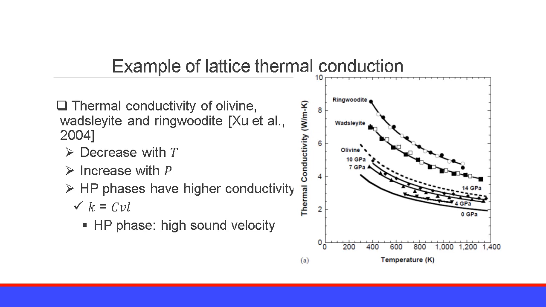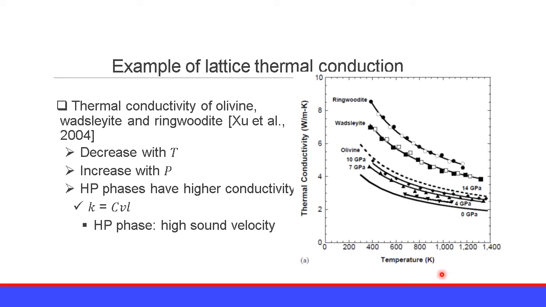So let us see the thermal conductivity of mantle minerals. This diagram shows the thermal conductivity of olivine, wadsleyite, and ringwoodite as a function of temperature. You can see all thermal conductivity decreases with increasing temperature.